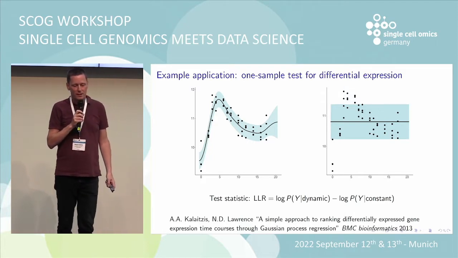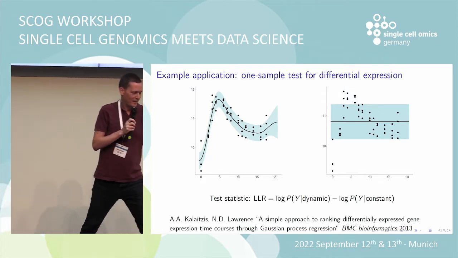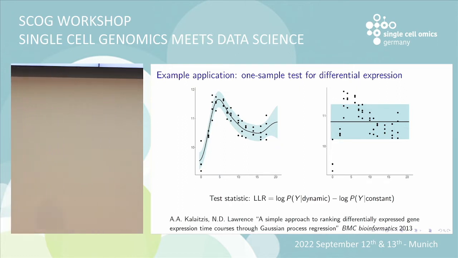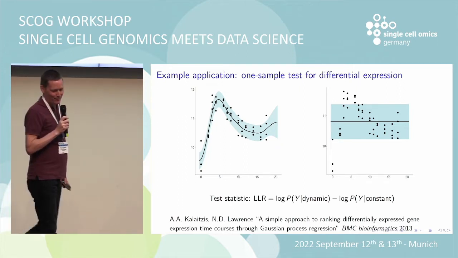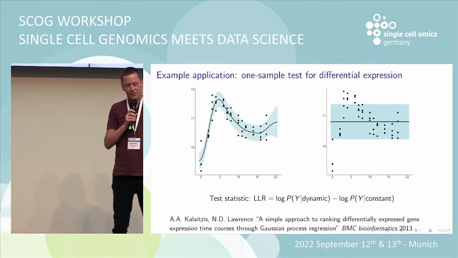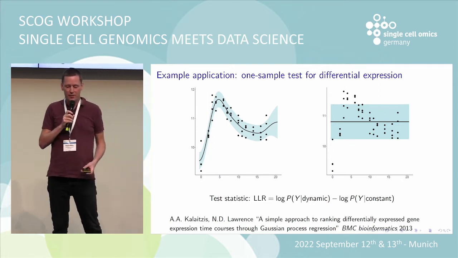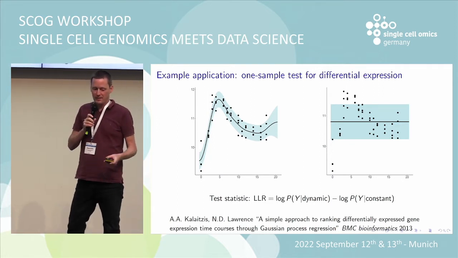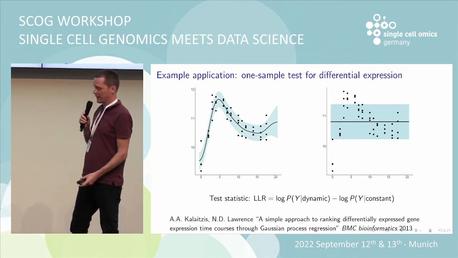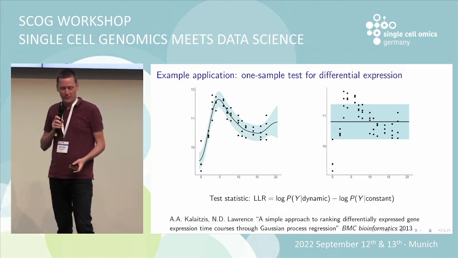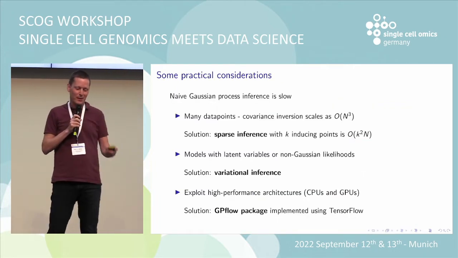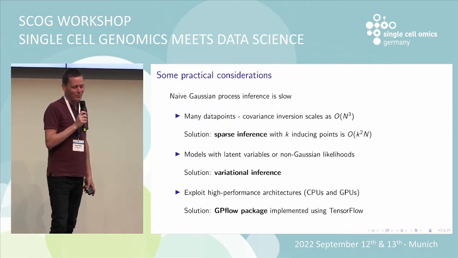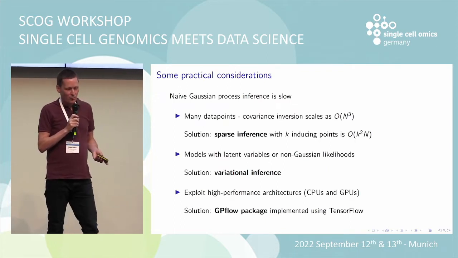On the right-hand side, a fit to a constant thing. I can use a log likelihood ratio in order to get test statistics to determine whether genes are varying in time or not, just to do differential expression.